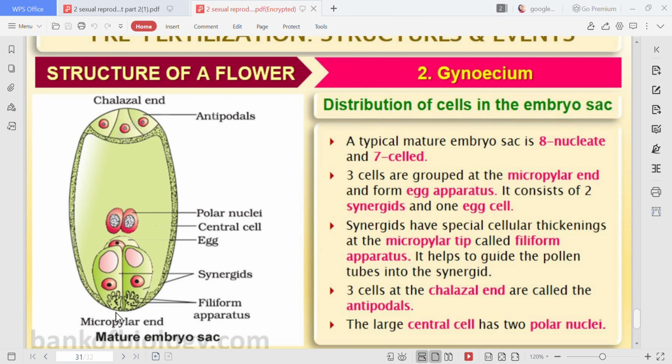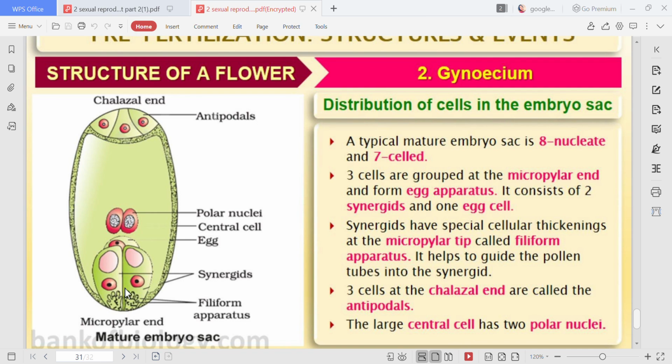Children, this filiform apparatus is a guide. Please try to understand and listen to me carefully. This filiform apparatus is just like a guide, and it will help the pollen tube to come and enter. It will guide the pollen tube to enter the egg cell.